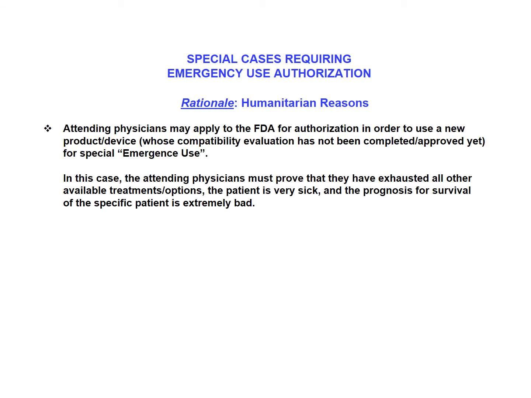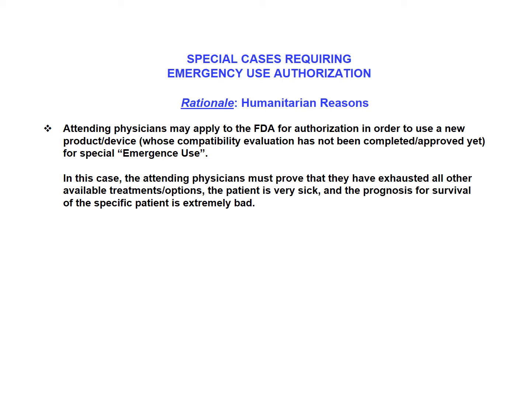The rationale behind such requests are humanitarian reasons. Attending physicians, for example, may apply to the FDA for authorization in order to use a new product or device whose compatibility evaluation has not been completed or approved yet for special so-called emergency use.